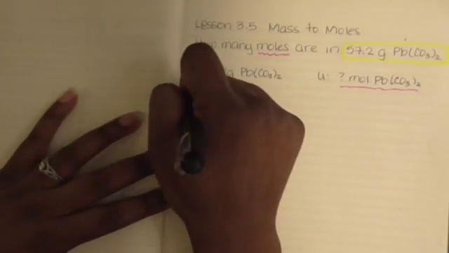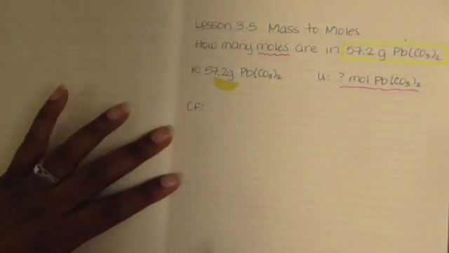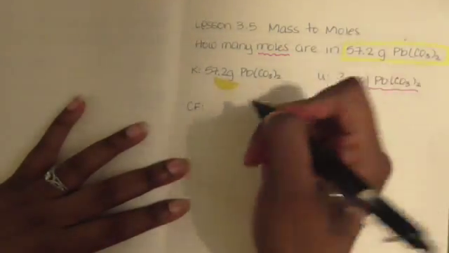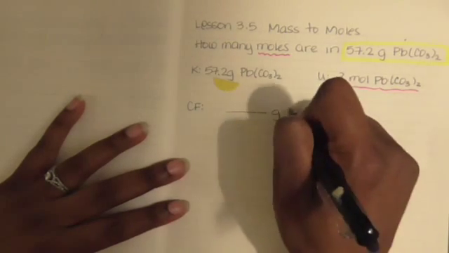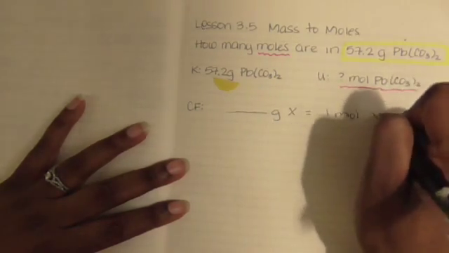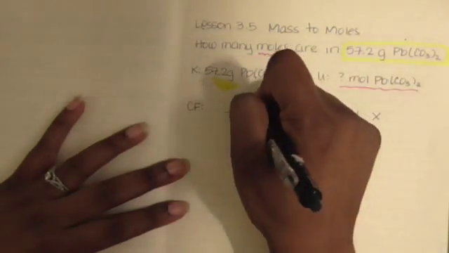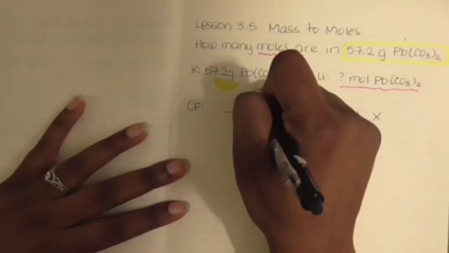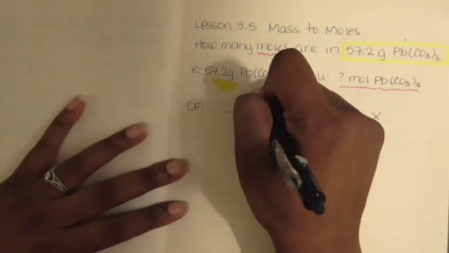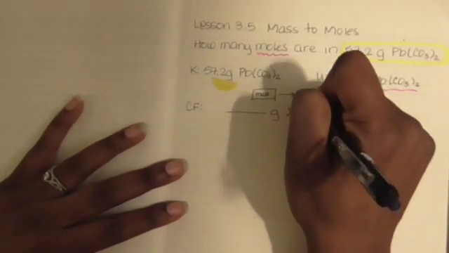Our next step is going to be to find our conversion factor, which again is going to be solved in the exact same way as before. So we need blank grams of X is equal to 1 mole of X. We know that that's the conversion factor we need because we are going from grams, mass, to moles.